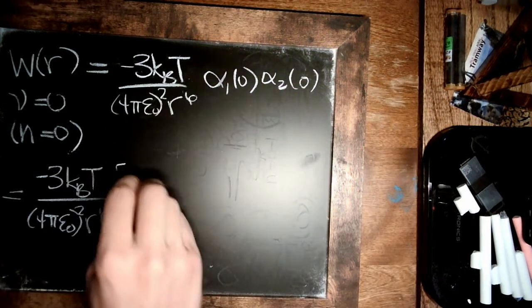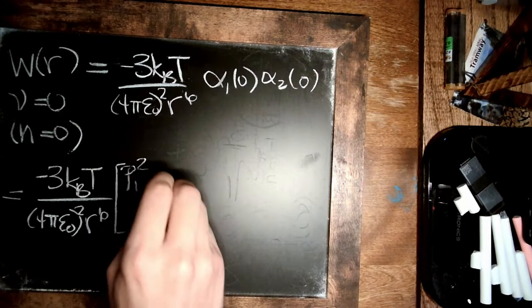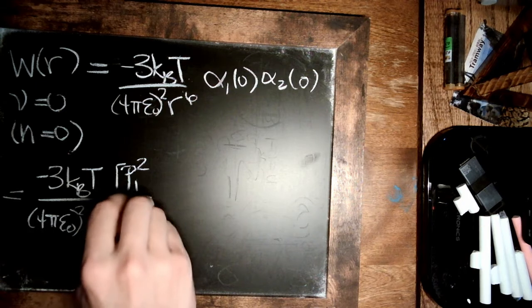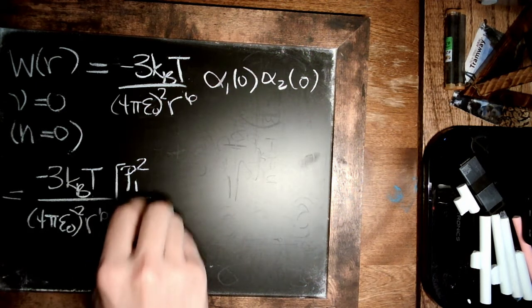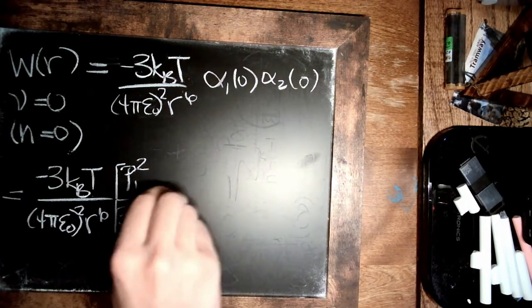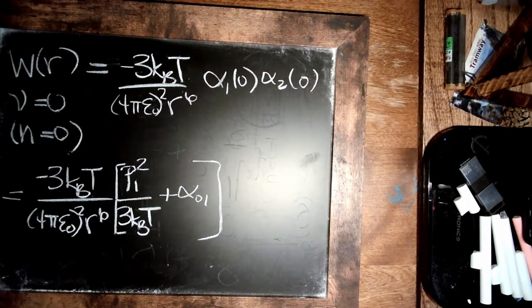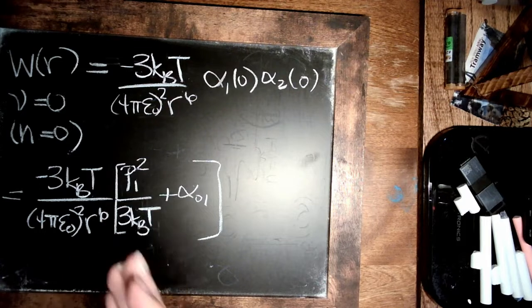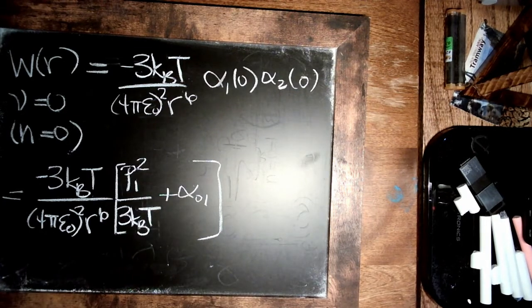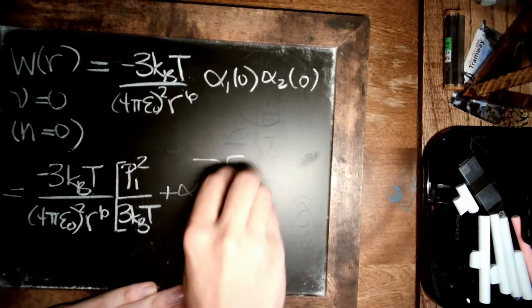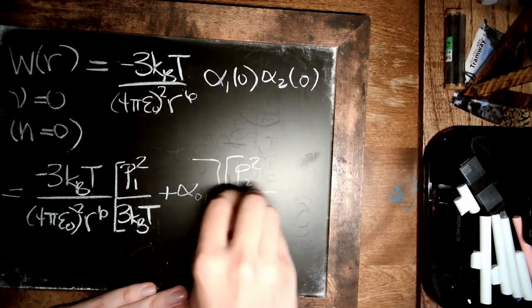So here's going to be alpha 1. It's going to be p1 squared over 3kBT. And then we're going to get a plus an alpha 0, 1 from the dipole and from the nonpolar effects. And this is multiplied by exactly the same thing with 2's for the other one.